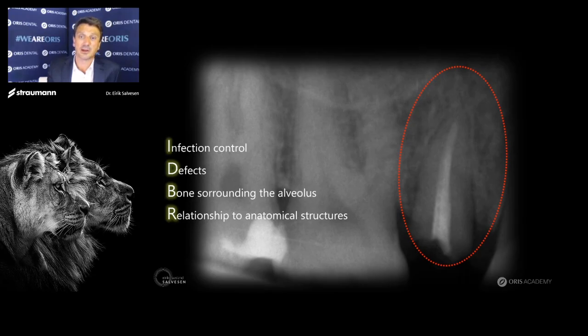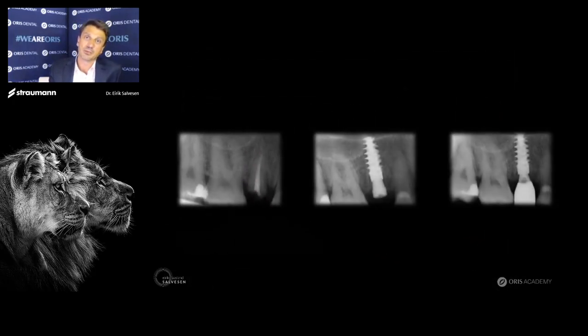It's just a tooth that is non-restorable. Bone surrounding, well, it's a narrow root, but still the most important thing is the apical bone. We see that there's a specific distance from the apex of the tooth up to the sinus and the nasal cavity. So we are able to extract the tooth, place an implant.